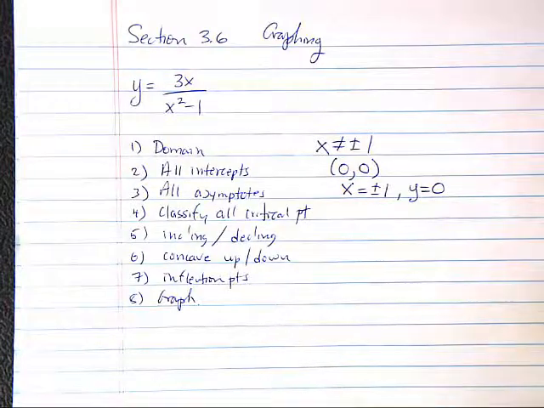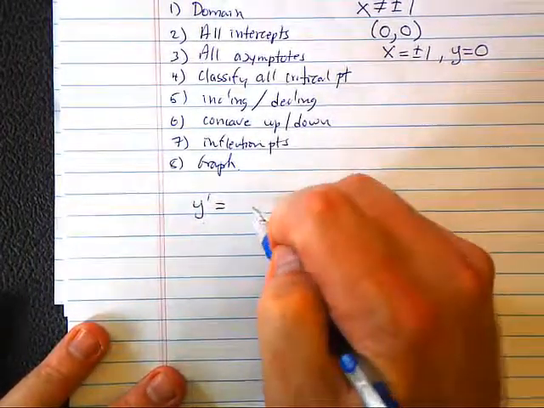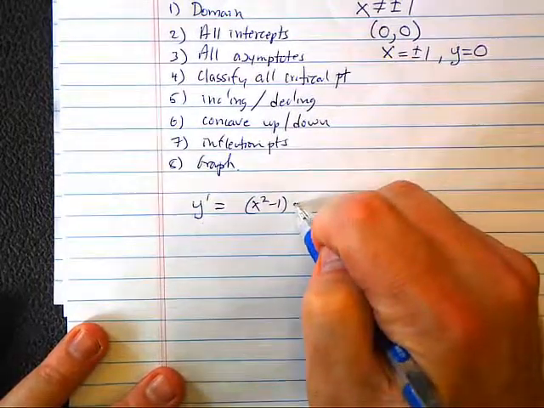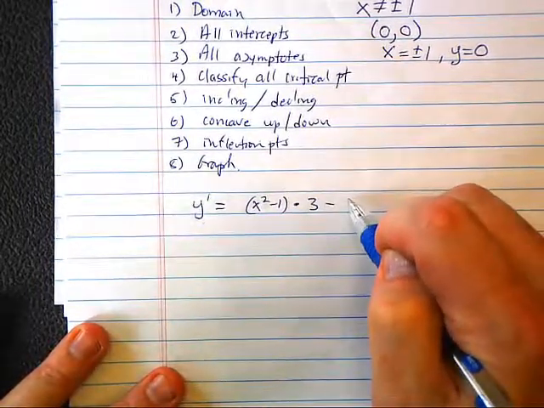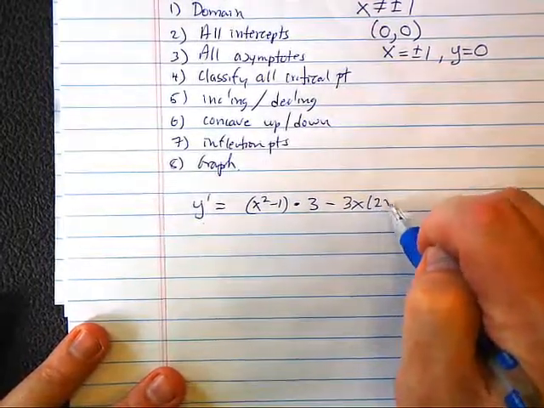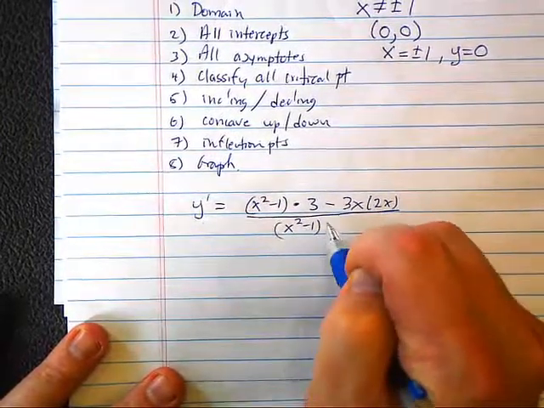All right, so that was the easy stuff. Now comes the harder stuff. Classify all critical points. What do I need to do to classify all critical points? I need Mr. Derivative. So y prime is bottom, x squared minus 1, times the derivative of the top, that's 3, minus the top, 3x, times the derivative of the bottom, 2x, divided by bottom squared.